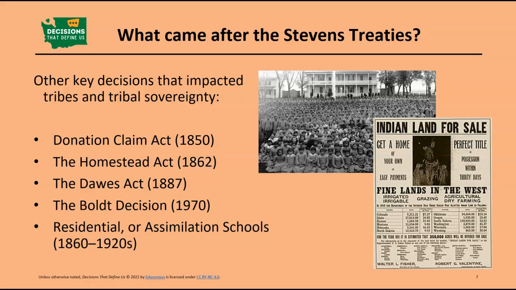So the last point I want to bring up, which is out of order in terms of our timeline, but arguably is in some ways one of the most influential, is this idea of residential boarding schools. And really a better term for those is assimilation schools, because the whole point, to borrow a quote from one of the earliest headmasters of one of these schools, is that we want to kill the Indian to save the man.